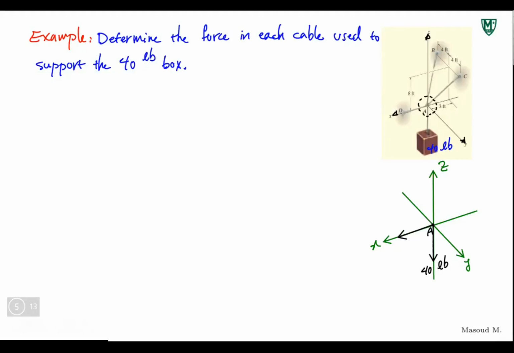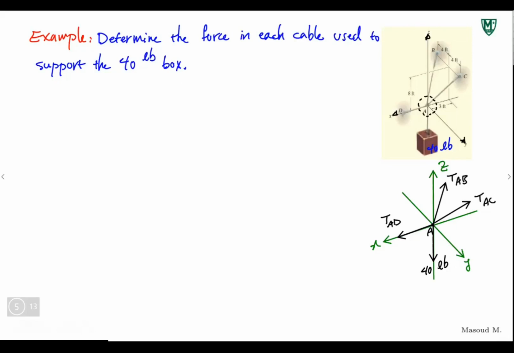I'll put one here along AD, another one here, I try to make it 3-dimensional, and another one here. These are just cables, so TAD, TAB, and TAC. Now we have a free body diagram.